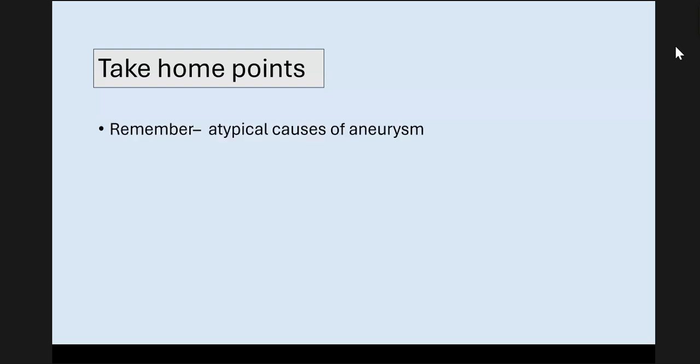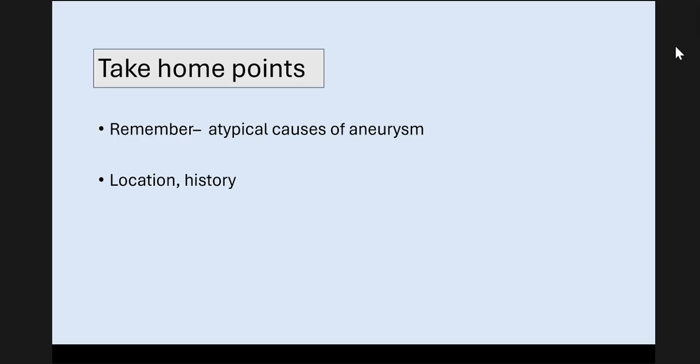Take home points from this case. Remember atypical causes of aneurysm. When you see an aneurysm, identify the location and look at the history. Okay. So not all aneurysms are saccular or berry, particularly in young patients like this, if they have an aneurysm far away. And atypical causes of aneurysm besides mycotic aneurysm could be secondary to, say, vasculitis.